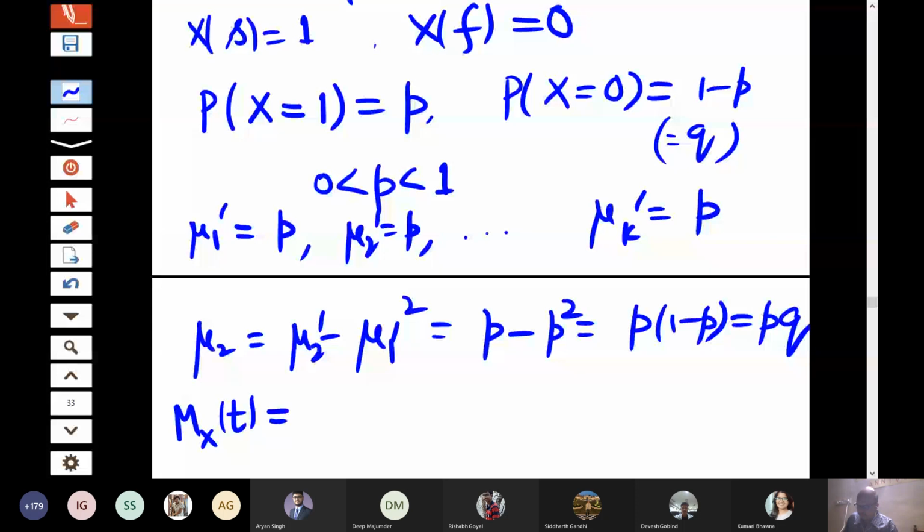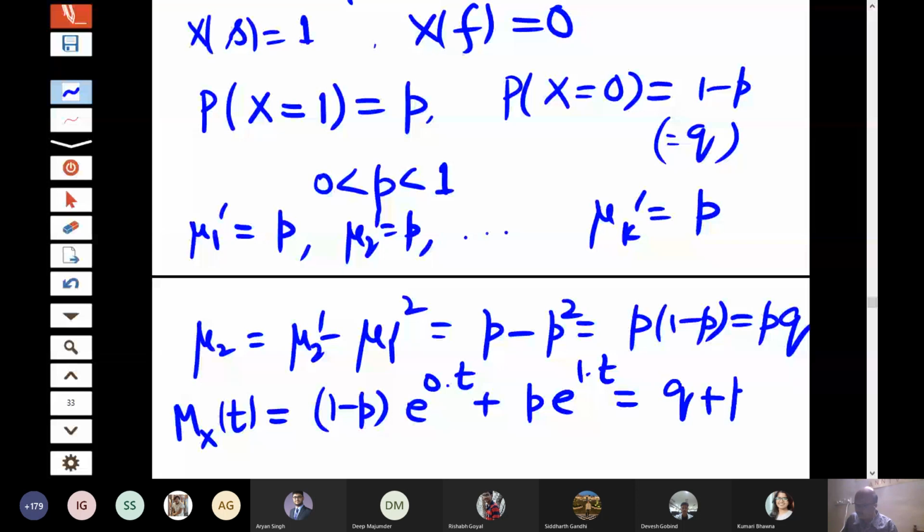What is the moment generating function? It will become 1 minus p into e to the power 0 into t plus p into e to the power 1 into t, which we write simply as q plus p e to the power t. That is the moment generating function of this distribution.